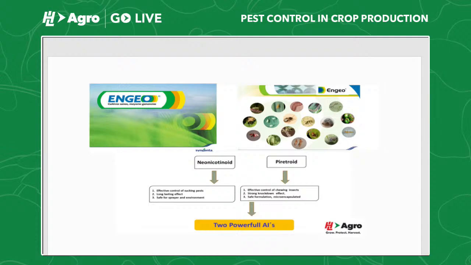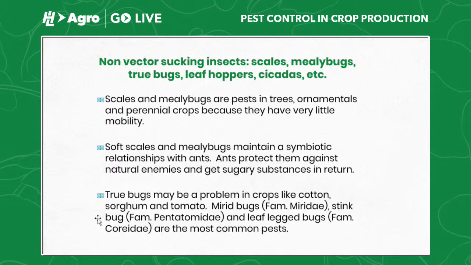That's how you rotate. Now, the next slide shows non-vector sucking insects: scales, mealybugs, true bugs, leafhoppers, cicadas. Scales and mealybugs are pests in trees, ornamentals, and perennial crops because they have very little mobility.